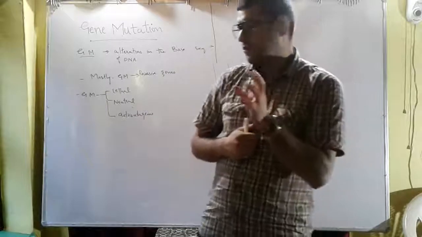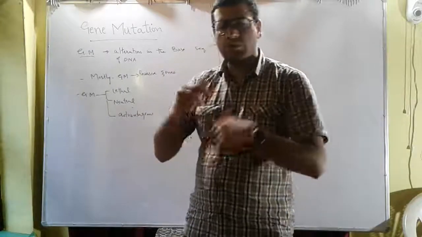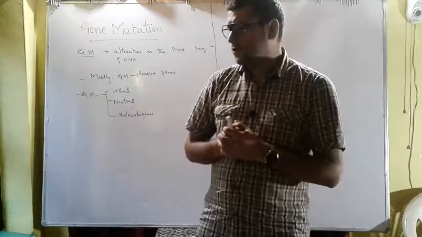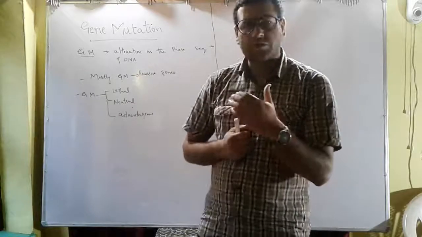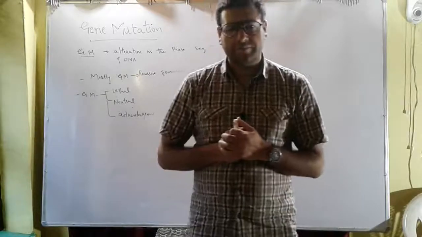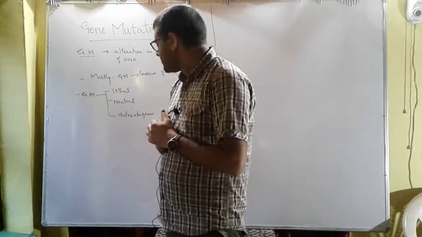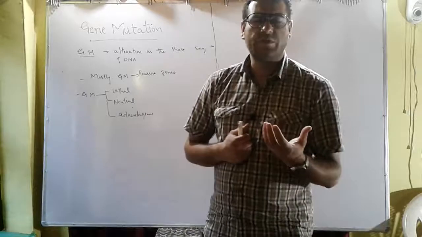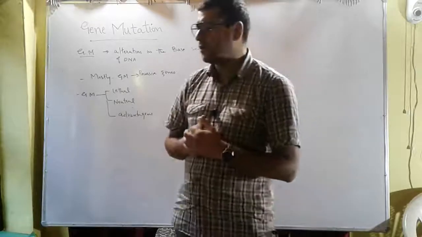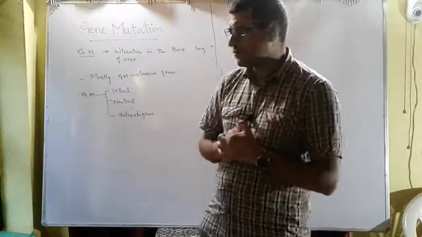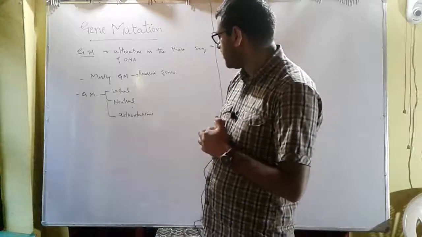When a gene mutates, its overall function will get lost completely. And sometimes it can be neutral. This mutation would have no effect on the protein, on the synthesis of the protein.